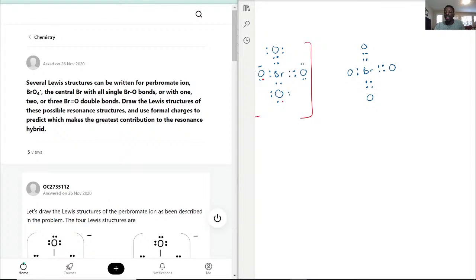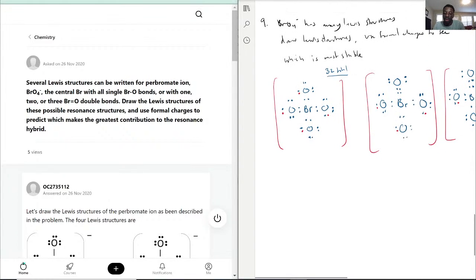And then we do the same thing, oxygen sharing 2 of its 6, so 3, 4, 5, 6. Same as the rest. And there, it's 2, 3, 4, 5, 6, and then that extra electron is going to join the oxygen over there. So that's what we have for this one with 3 double bonds.